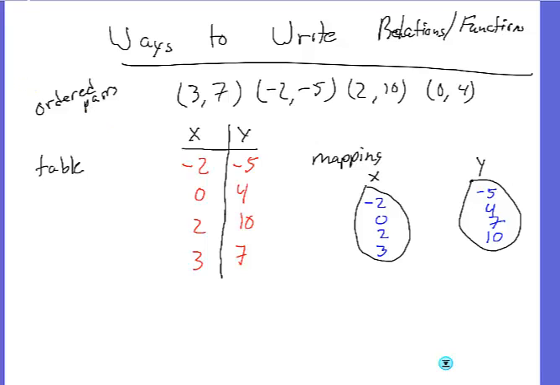And you're going to map or draw a line from the x to its corresponding y. So the x is -2, -5. Just happens the line goes straight across. Okay. Then 0 goes to 4, goes straight across. 2 goes to 10, and 3 goes to 7.